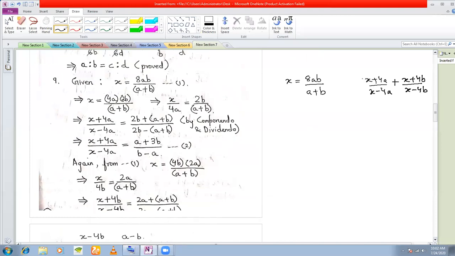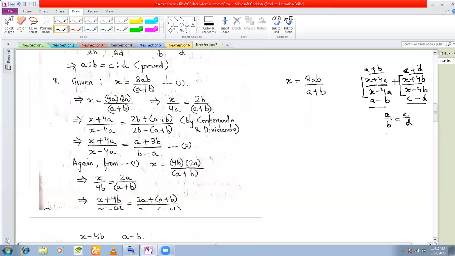Now if you see these two fractions, you have a plus b type in the numerator, a minus b type in the denominator. Similarly here, c plus d type, and then c minus d type. That means in order to get this, you must have a proportion like this: a by b is equal to c by d.